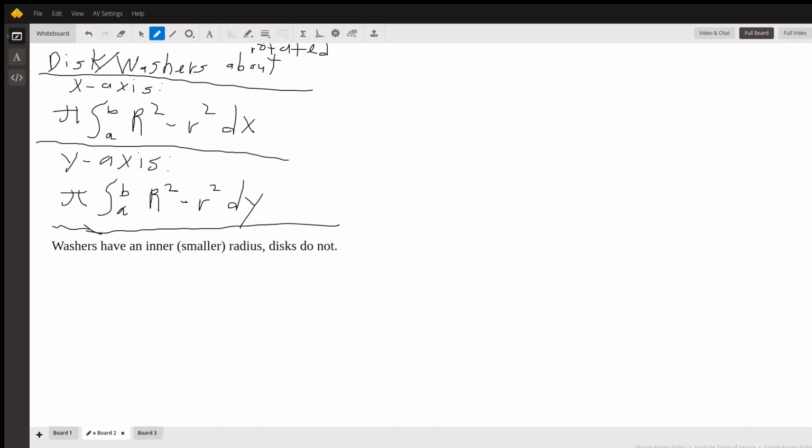When you rotate it about the y-axis, it's the same thing, but it's going to be dy. Washers have an inner, smaller radius, lowercase r, and disks do not. So sometimes the equation may not have a lowercase r squared term.